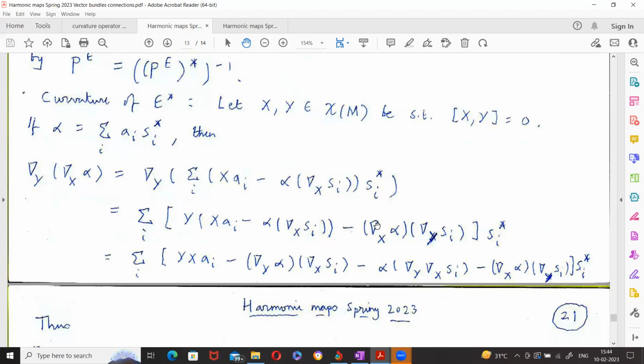So now this y applied to this thing, I expand. This will be y applied to x a_i minus, now I use the Leibniz rule.